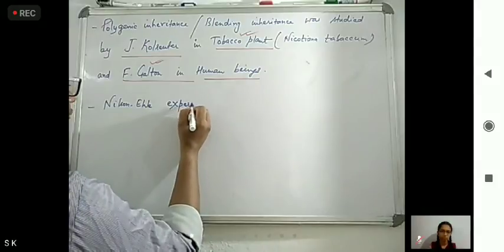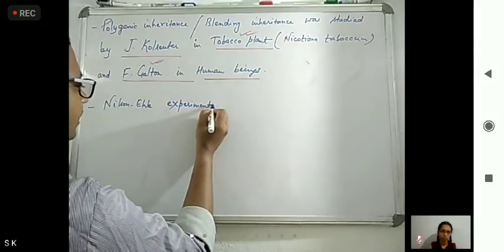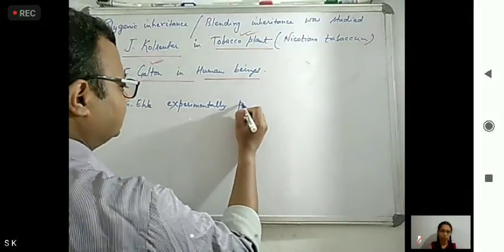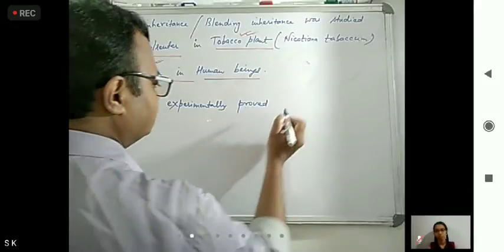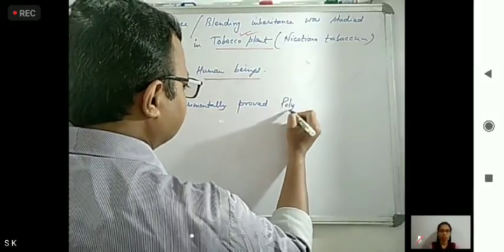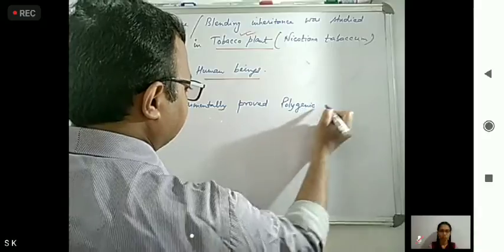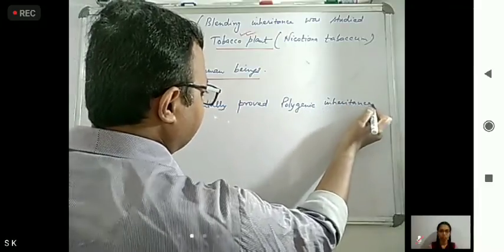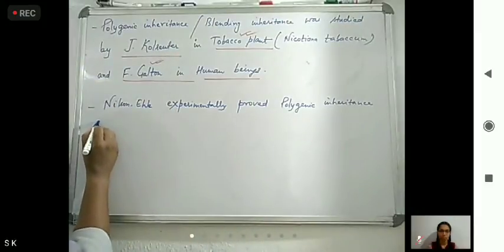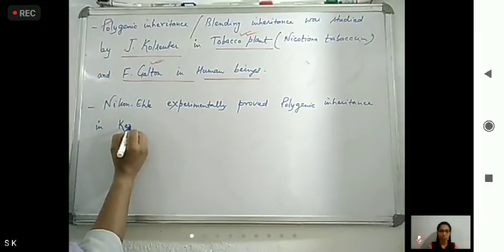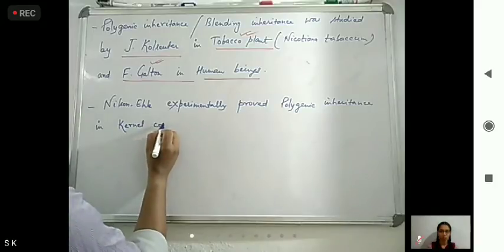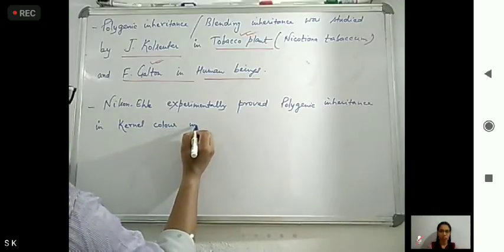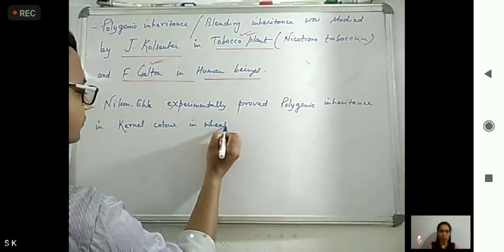Nilsson-Ehle experimentally proved polygenic inheritance in kernel color in wheat plant.